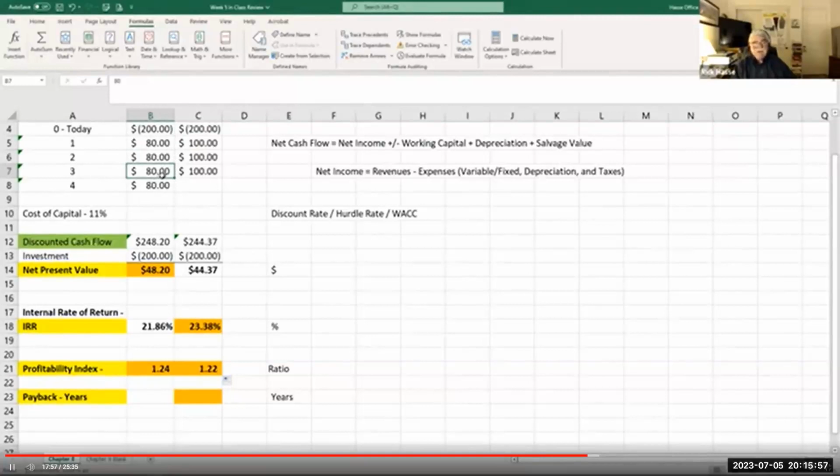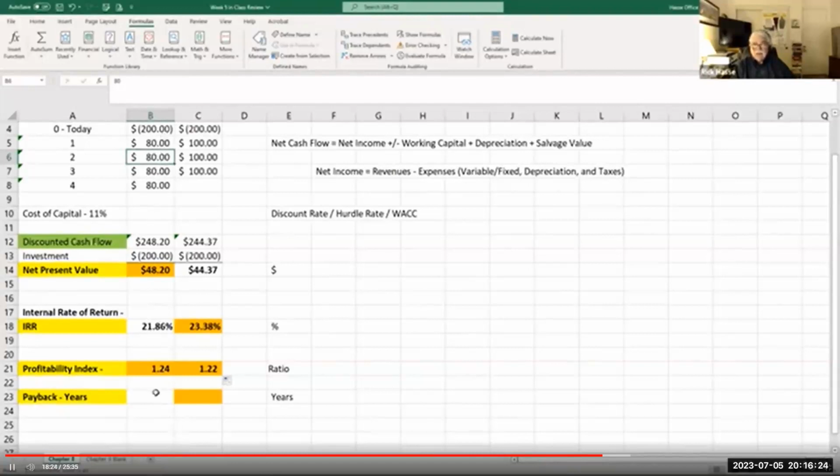So how do we determine that in actual years? Well, $160 at the end of year 2 have been paid back. That leaves $40 remaining. $40 left to be paid back to the $200. We're earning $80 in year 3, so $40 remaining as a percent of the $80 is 50%.